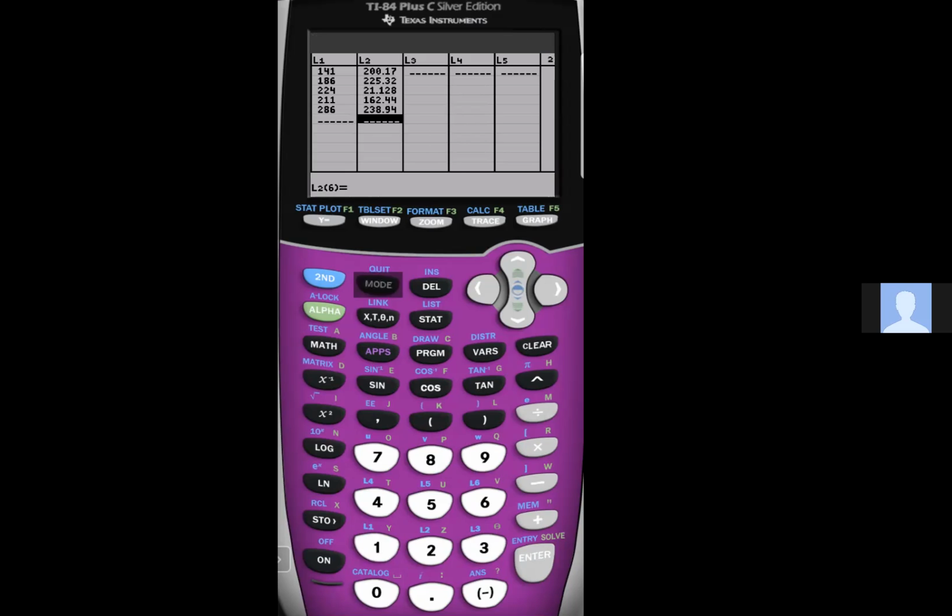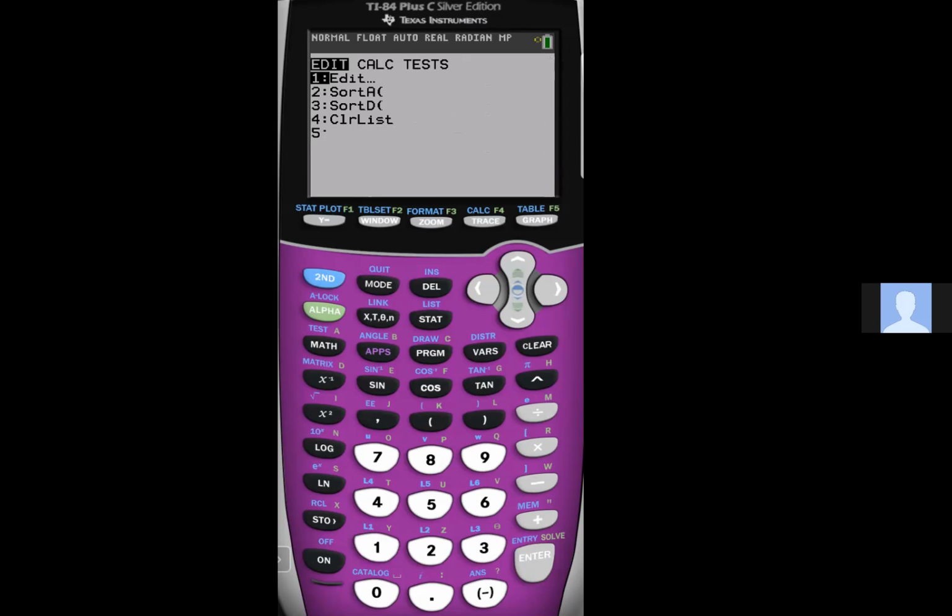And then go back to the home screen. Now go to stat, go to test, and go to chi-square goodness of fit. And then the degree of freedom here is 4. So the chi-square is 199.612.